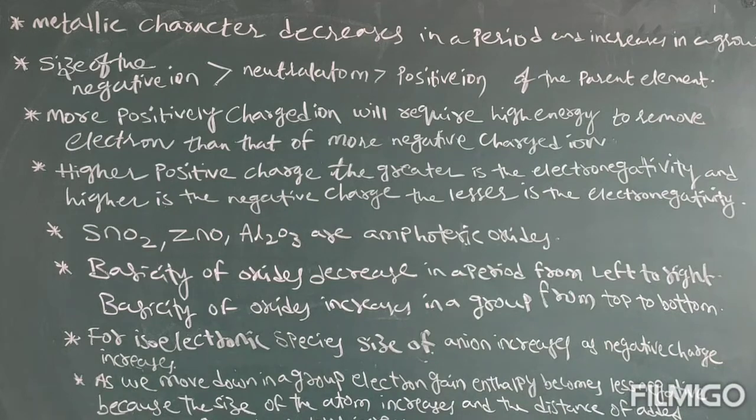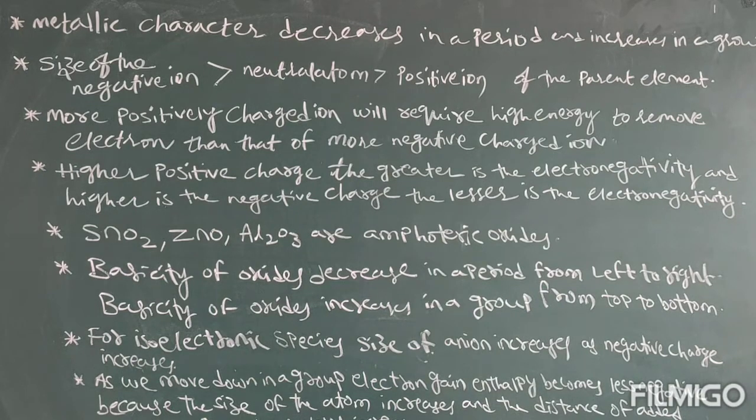A more positively charged ion will require higher energy to remove an electron than a more negatively charged ion. The higher the positive charge, the greater the electronegativity, meaning more cationic charge.